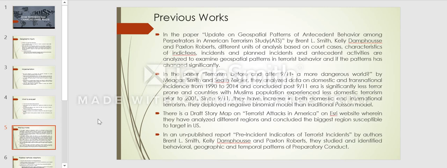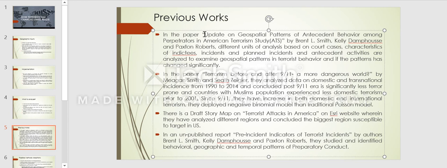For previous works, I've read a couple of papers for our project. There's a paper, an update on geospatial patterns of antecedent behavior among perpetrators in the American Terrorism Study (ATS).